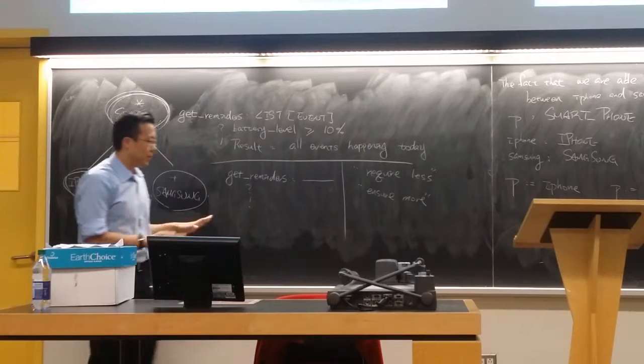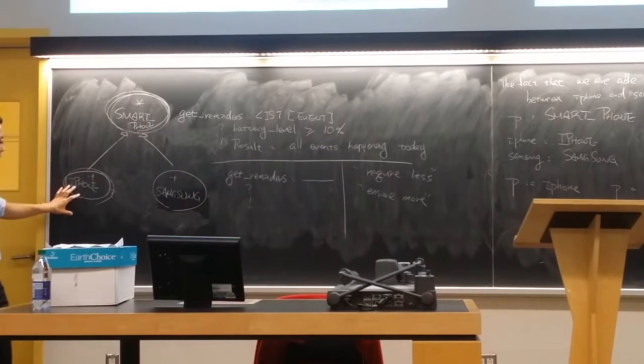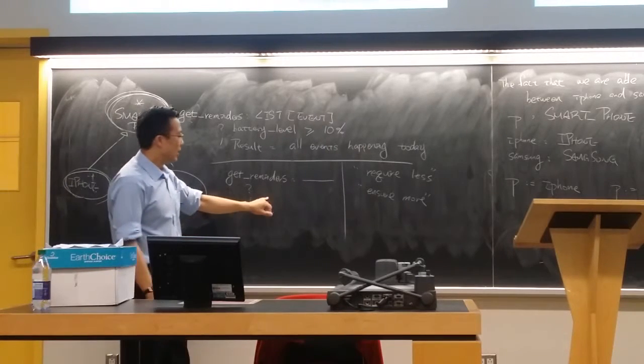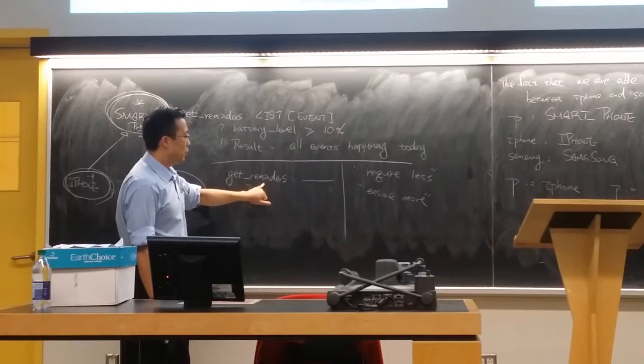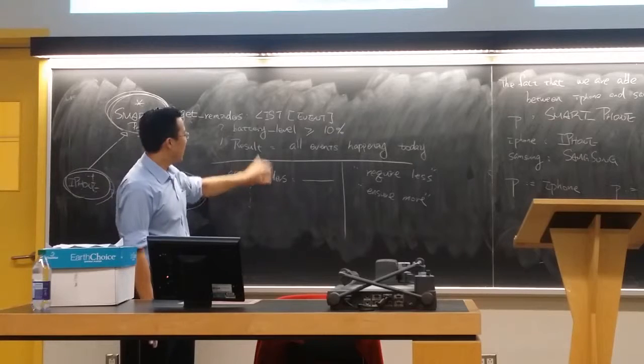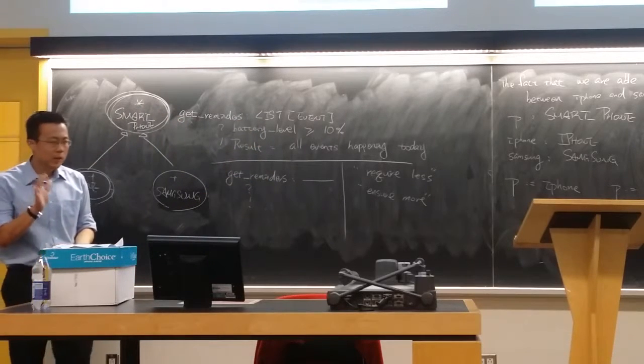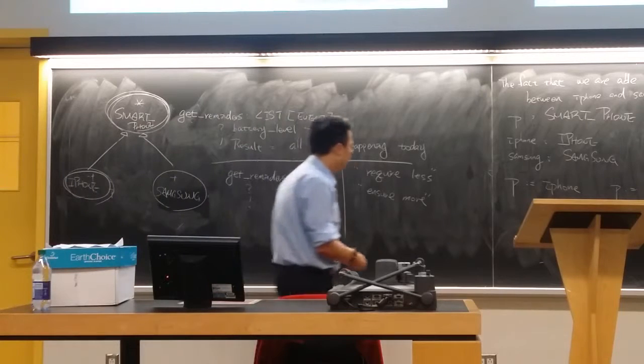Okay, this is the principle. If you want to see the get reminders feature implemented by iPhone as a proper feature, then you really have to make sure that this feature requires less and ensures more with respect to the original feature. I know it's still a little bit abstract. Let me give you one example.